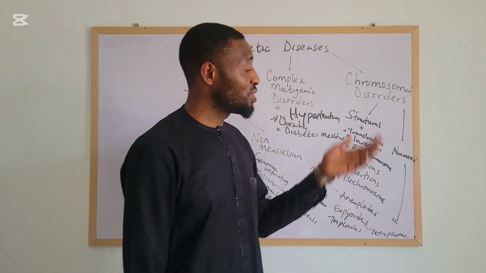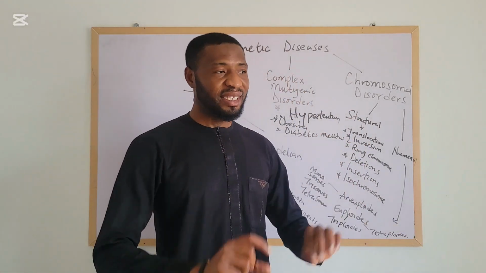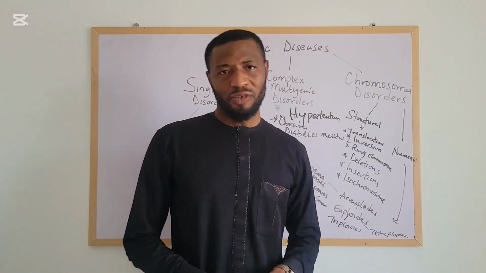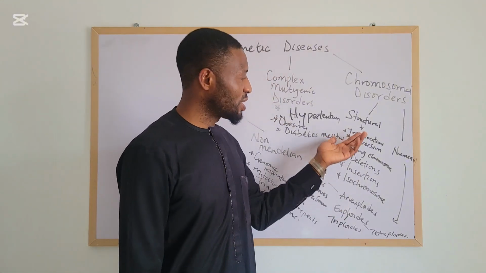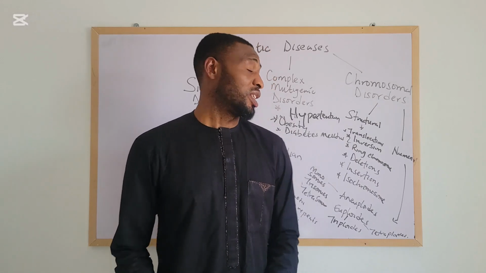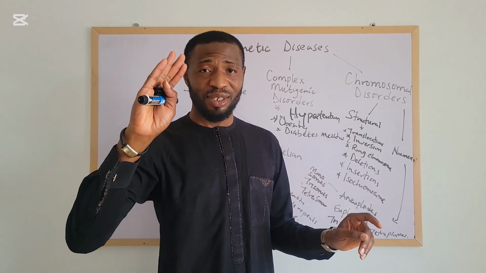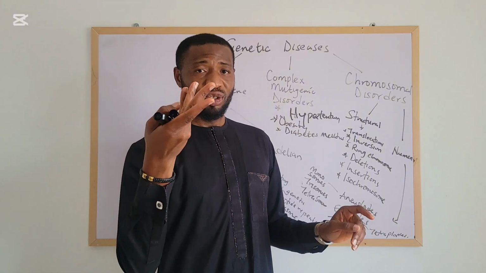Chromosomal disorders can be structural, where the disorder is because of alteration in the structure of the chromosome. For example, in translocation, we've already seen what translocation is. In inversion, one side of the chromosome twists.